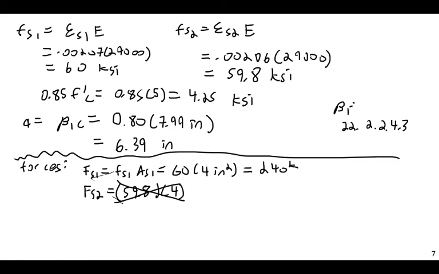So for the compression steel, I'm going to adjust the stress from 59.8 by subtracting the 4.25. I'm going to subtract the stress in the concrete.